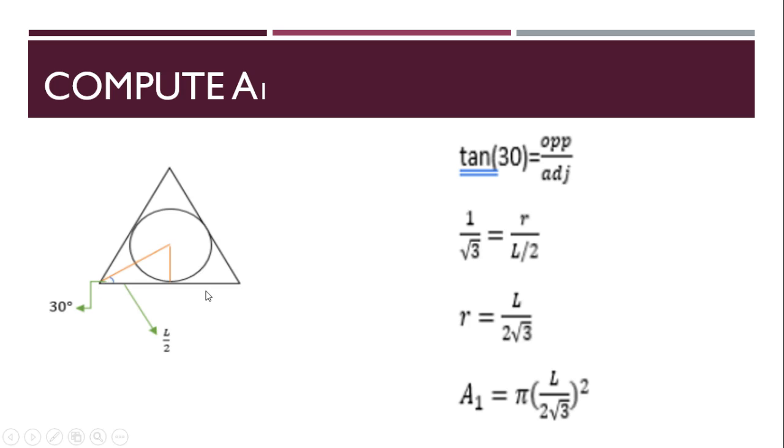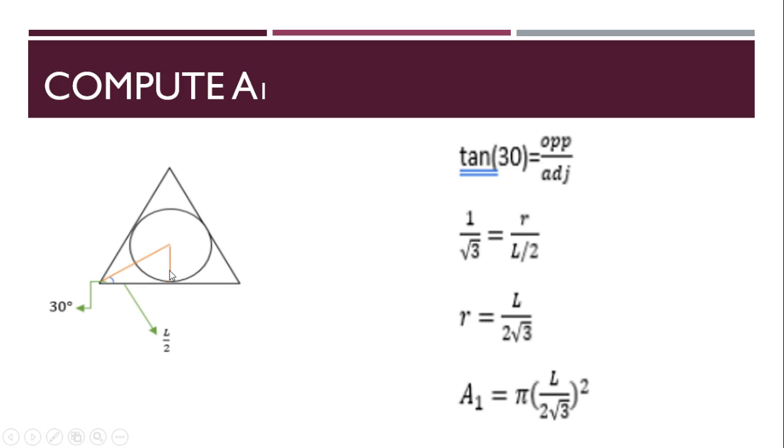Here, this line right here is our radius, and this whole line right here would be L, which they told us in the problem. But we're only focused on this right triangle, so it would make sense to make this L over 2, because this is half of L. So now we have the radius right here, and we have the L over 2 right here.